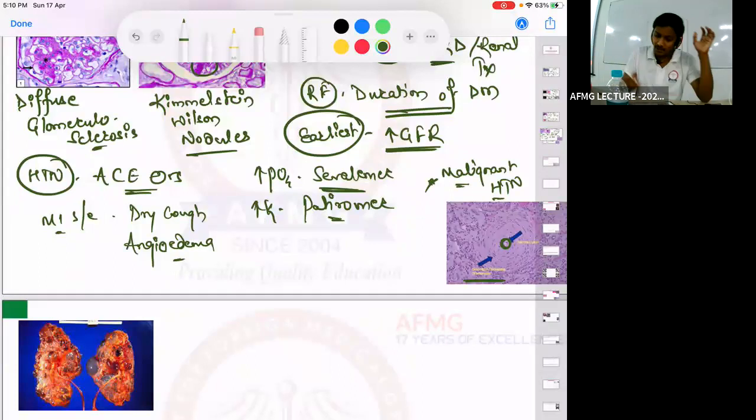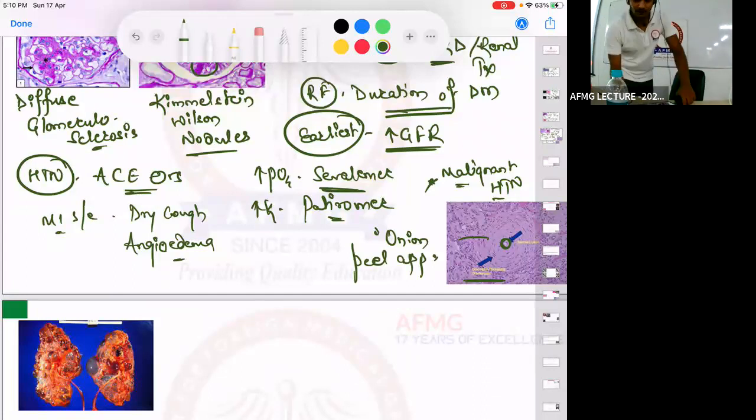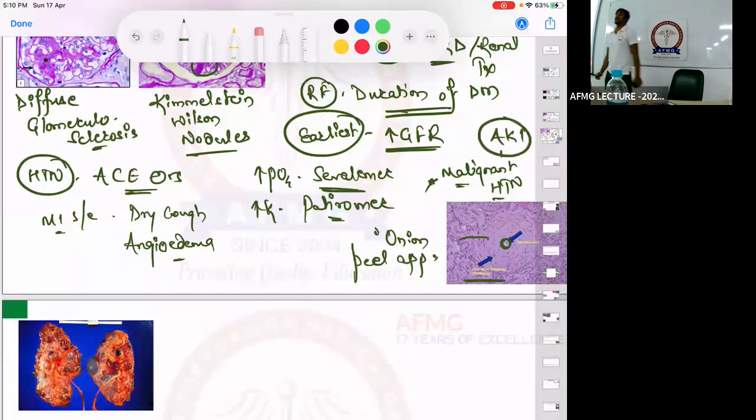This is called the onion peel or onion skin appearance. So onion peel appearance in kidney biopsy is a feature of malignant hypertension, which is also one of the most important reasons for acute kidney injury.